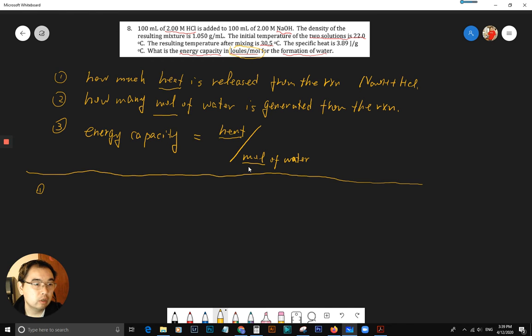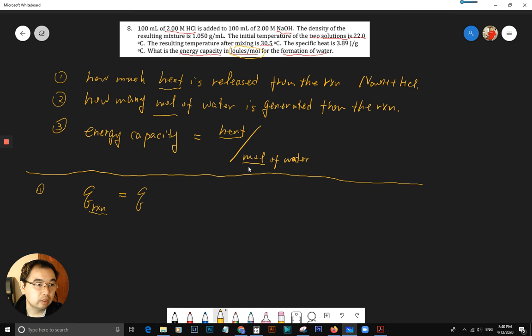To find how much heat is generated, we can use the equation: Q of this reaction, sodium hydroxide plus HCl, is equal to the heat. This reaction generates heat, so Q release is Q gain. What gains the heat?